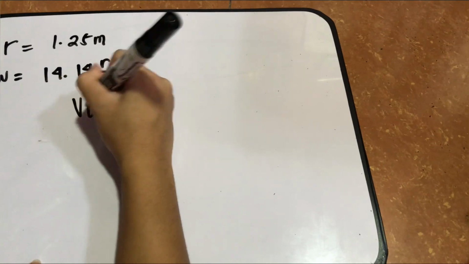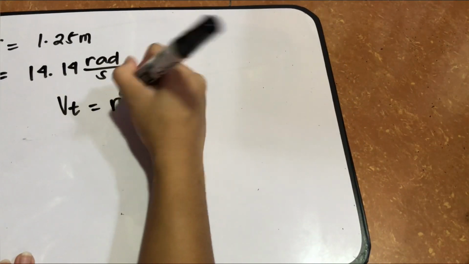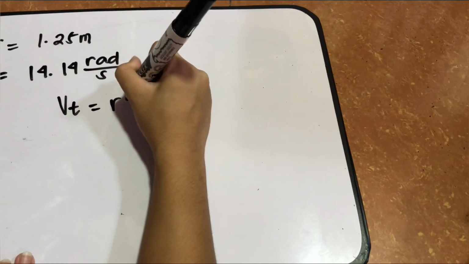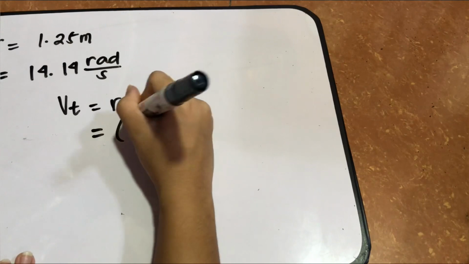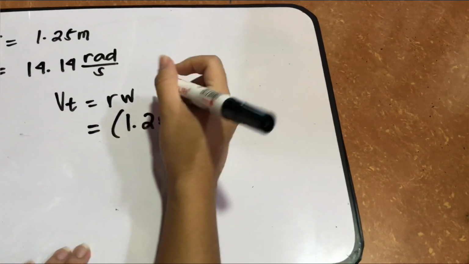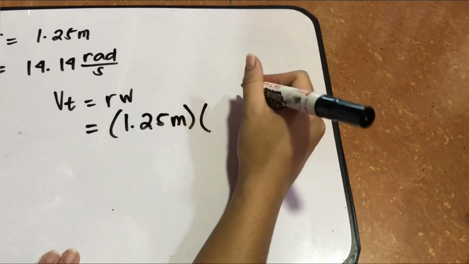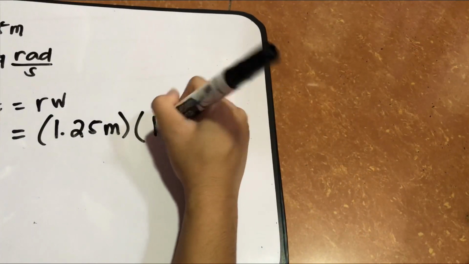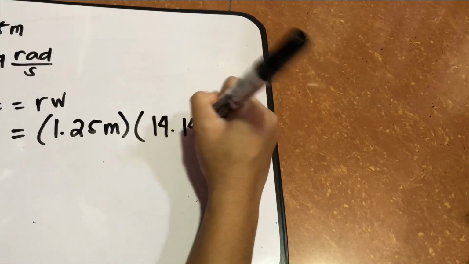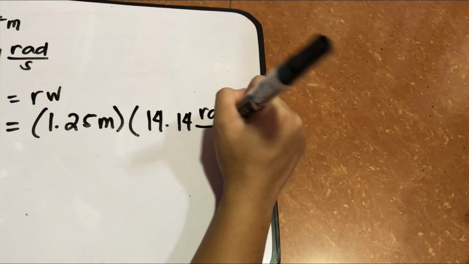So, Vt is equals to radius times rotational speed. So, 1.25 m times 14.14 radians per second.